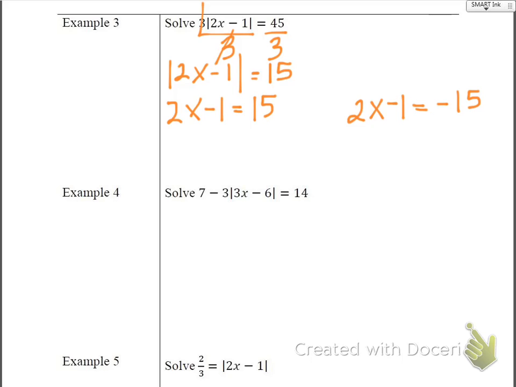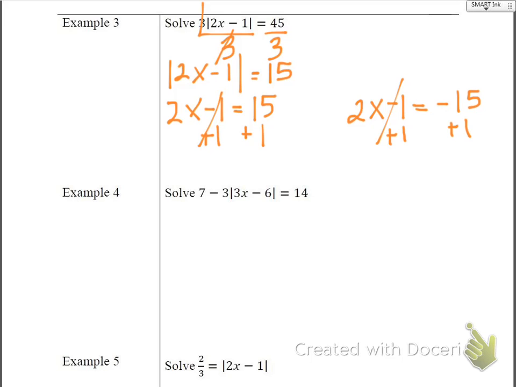I'm going to give you 2 minutes. Finish those for me. So you should get 2 answers. So to solve these, you are going to first add 1 to both sides. Yes? Okay. This is all algebra 1, so you guys should be good here.